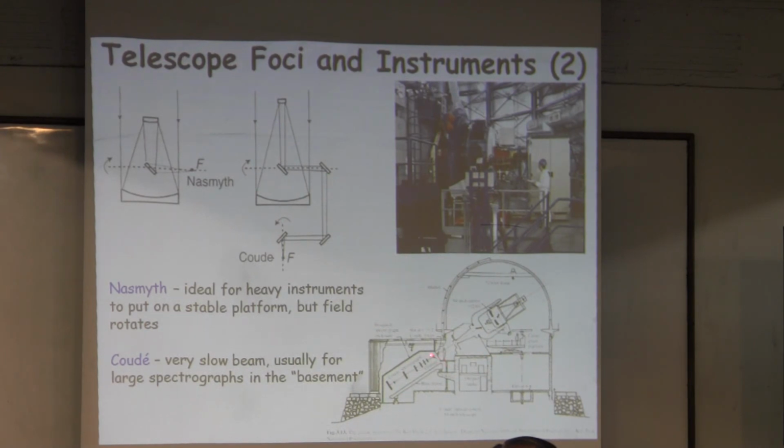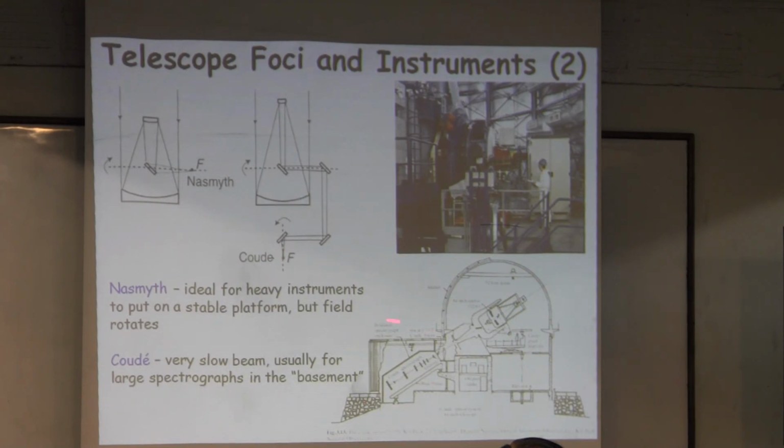But this was done to put high resolution spectrographs there. And now remember what we said about slow or fast beams. In order to get the beam down there and not have 5 foci in between, you feed the beam over many mirrors, so you really need this slow beam where it's converging very slowly in order to get all the light down.